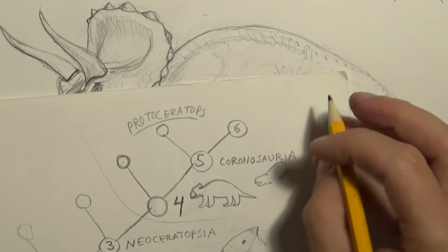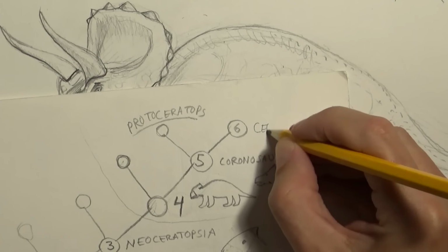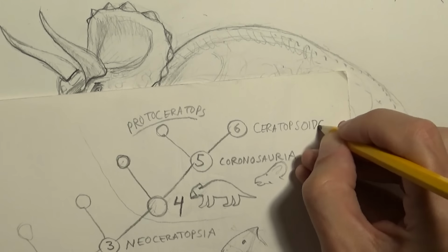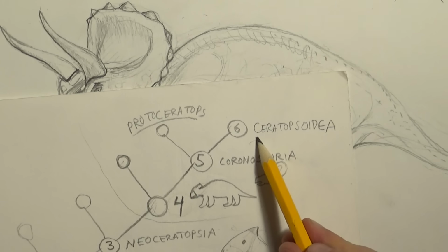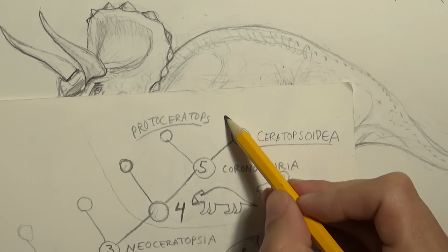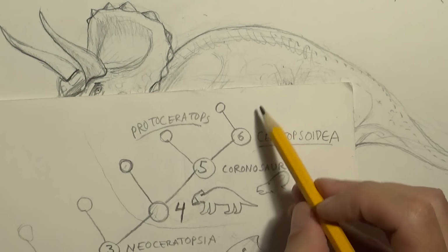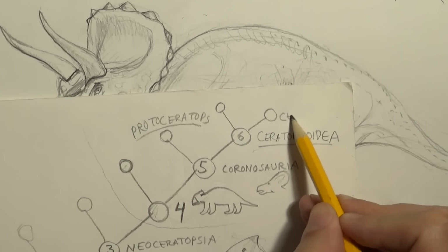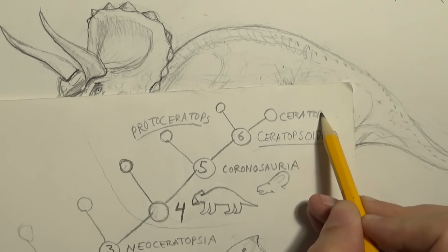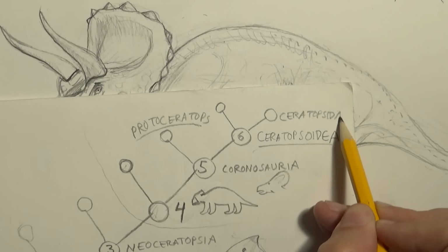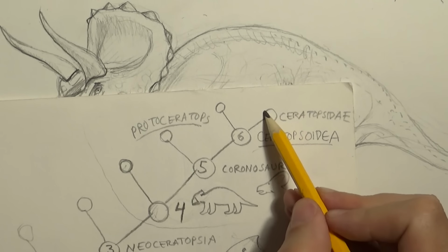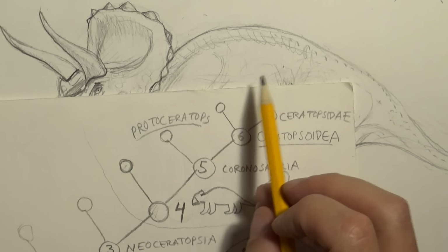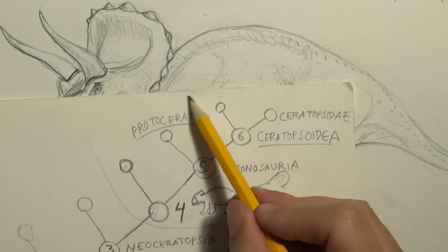And the sixth group is Ceratopsians. That includes the Ceratopsidae, and also a genus called Zuniceratops.